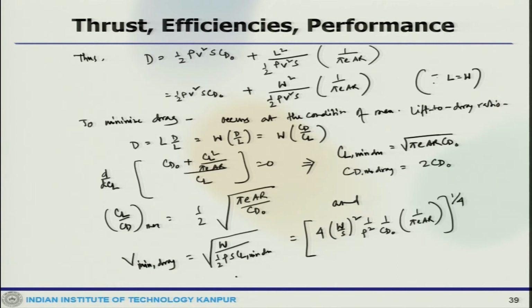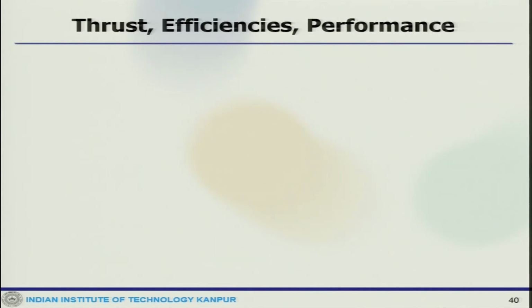That is what you get for the minimum drag condition, the flight velocity and so on.